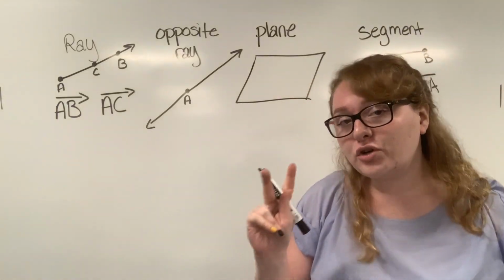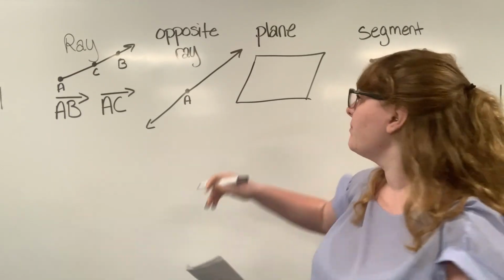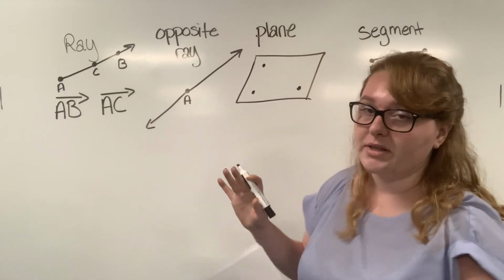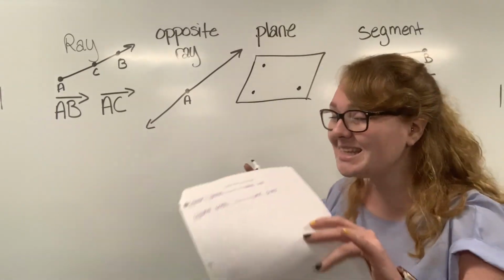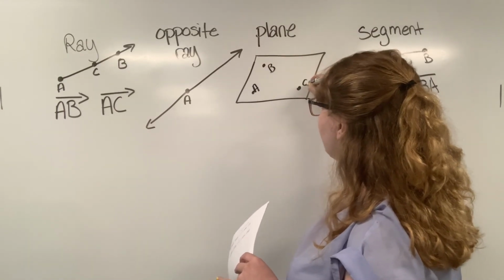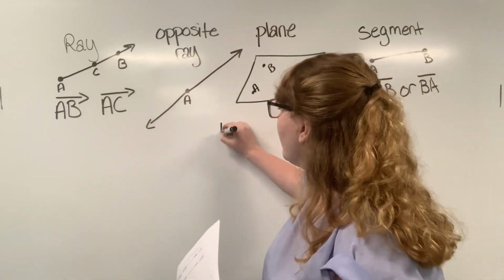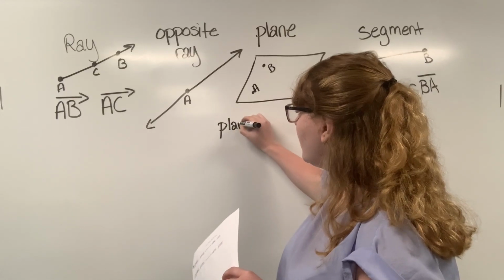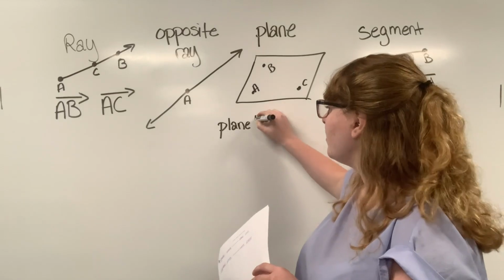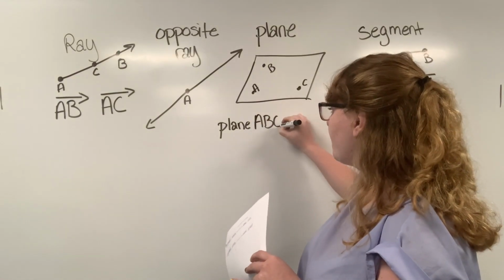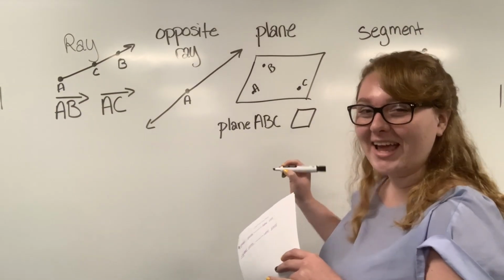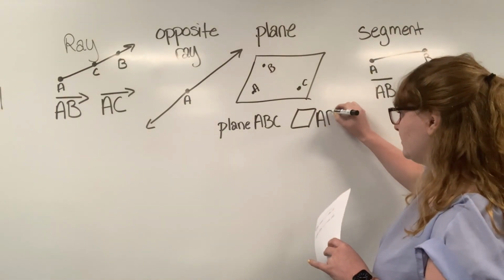Okay? There are two ways to name your plane. The first way is that if there are at least 3 points, there could be a million points, but if there are at least 3 points, then you can take those. I'm going to label these A, B, C. We could say either plane, and then you put your points in alphabetical order. So plane ABC, or you could draw a little parallelogram and write ABC.